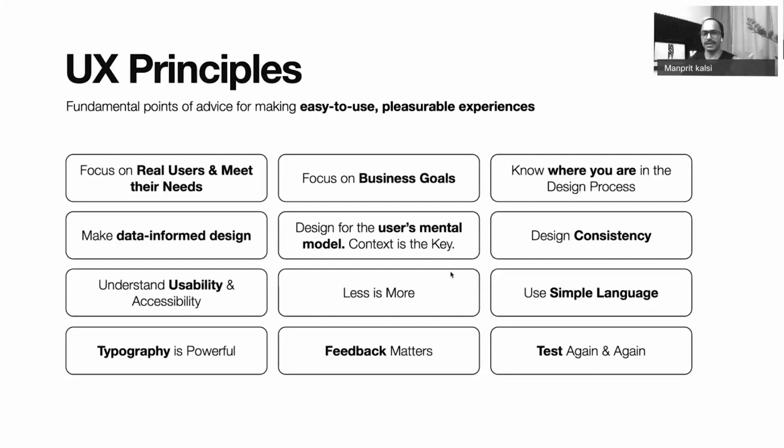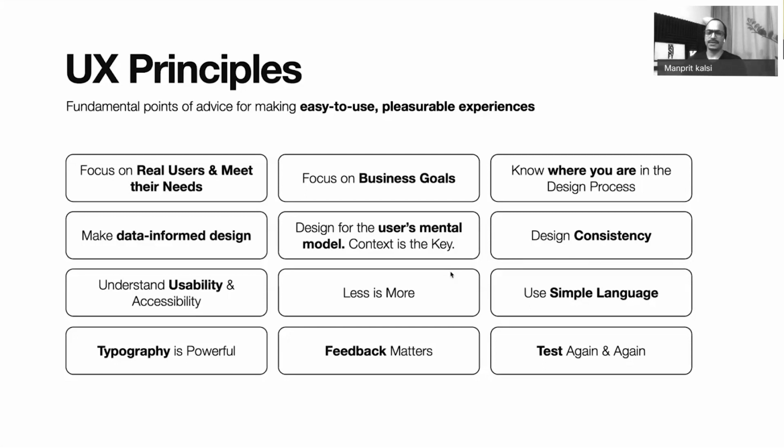Then it should be usable, accessible, and don't complicate your UI or the experience. Don't chunk a lot of information on one screen. Break that screen into multiple screens. Similarly, use simple language. Don't use technical jargon, so that the user can understand what you're trying to tell.